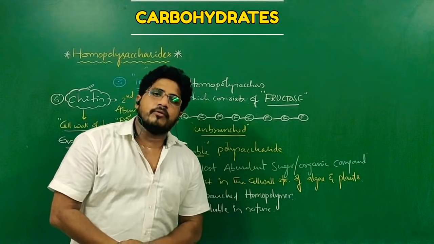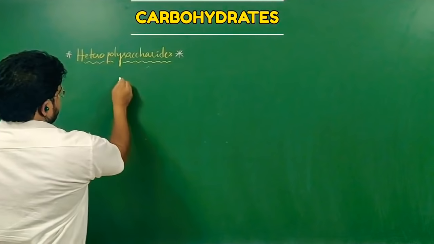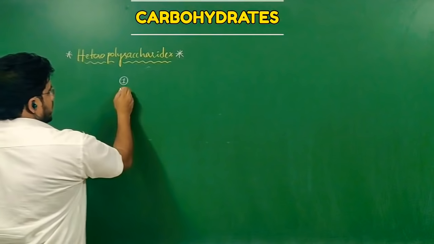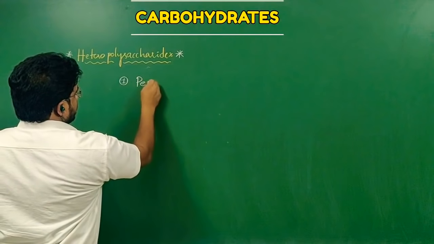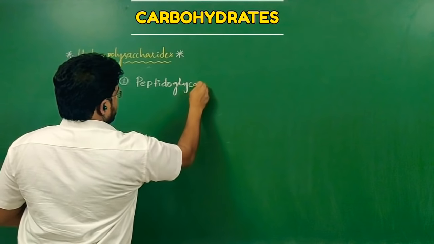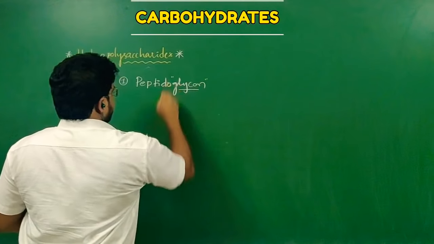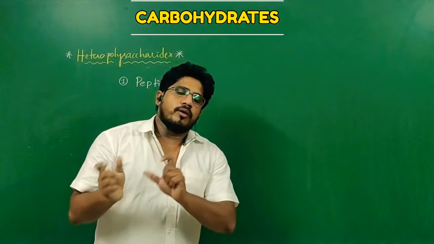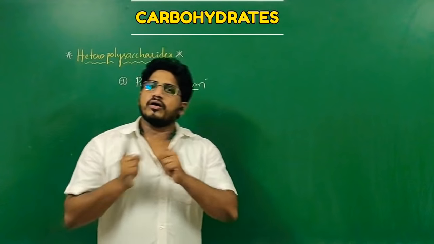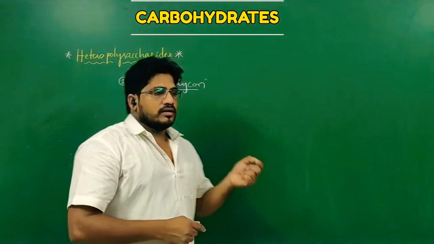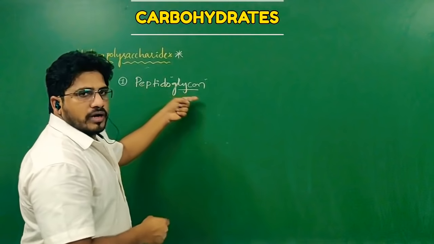Let us have a look about heteropolysaccharides. We have seen there were two heteropolysaccharides I mentioned. Number one is peptidoglycan. Here a terminology plays important role. Glycan means polysaccharide. Homopolysaccharides can be called as homoglycan. Heteropolysaccharides can be called as heteroglycan. But what is this name? Peptidoglycan.